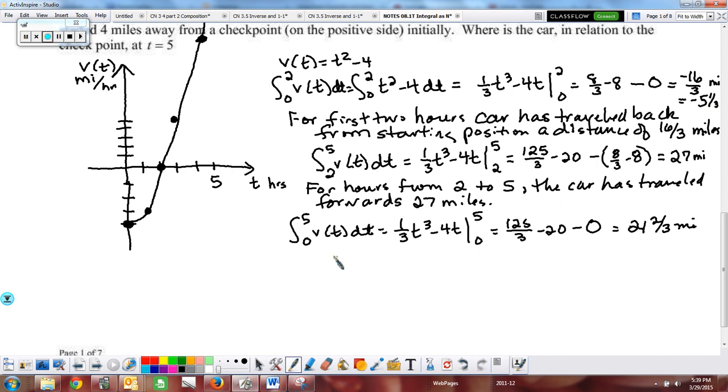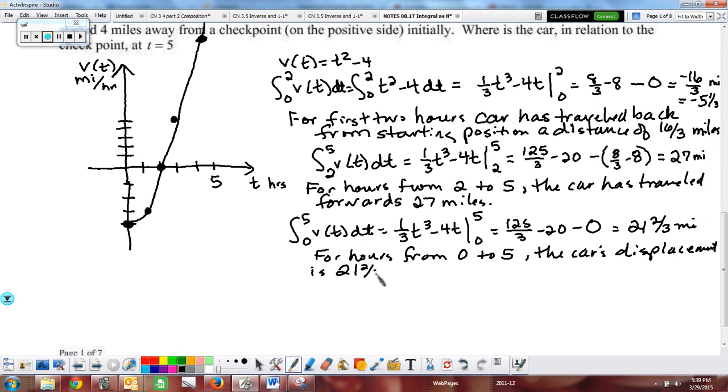It's our net change. For the hours from 0 to 5, or for the first 5 hours, the car's displacement is 21 2/3 miles from his starting point in the forward direction.